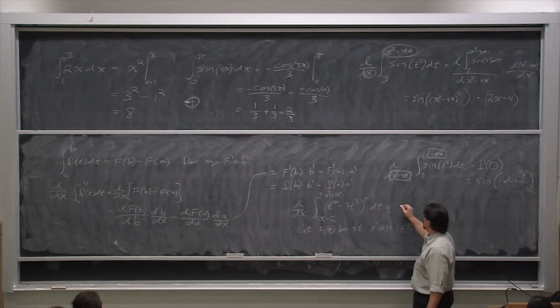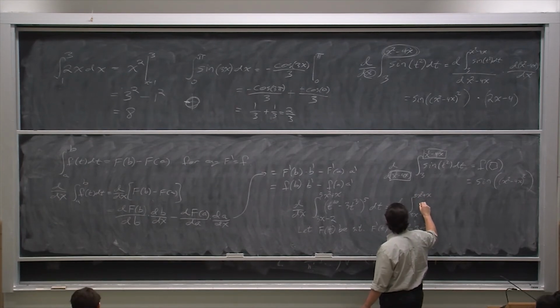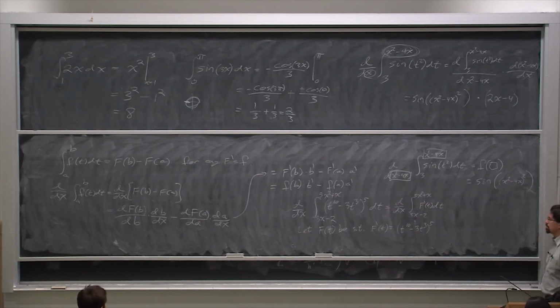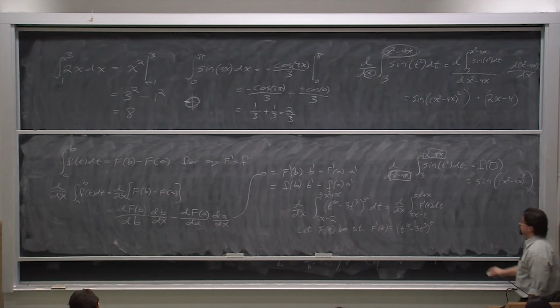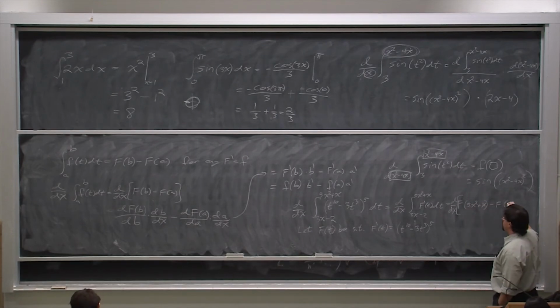Okay, this middle step you do not need to write, but if it helps, then why not? Then this thing is equal to the derivative with respect to x of big F at 5x squared plus x minus big F at 3x minus 2.